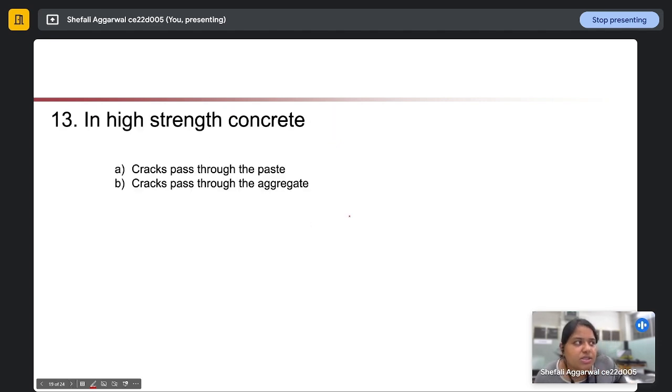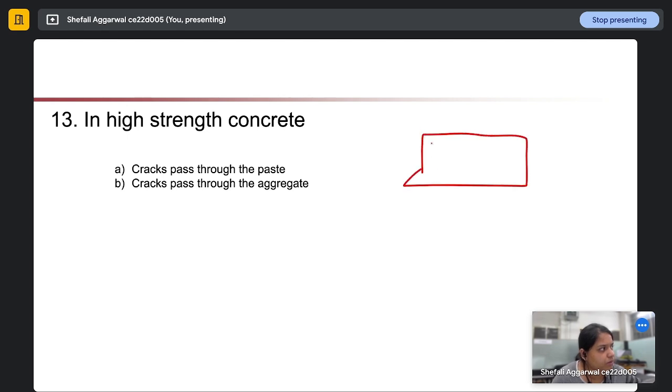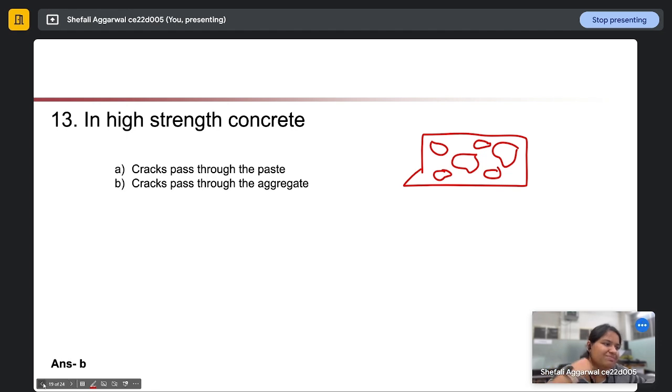So the next question is: in high strength concrete, do cracks pass through the paste or through the aggregate? If this is our normal concrete matrix, and we have a high strength concrete, what will happen?